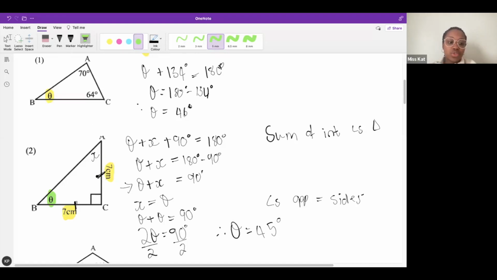Okay, so these two sides are equal, automatically that means x has to be equal to theta. That's where we take this step from. Do you see? Yes, ma'am. So that's why I said, therefore, x is also theta. So instead of having two variables, we can make them both the same variable because they're equal to each other.